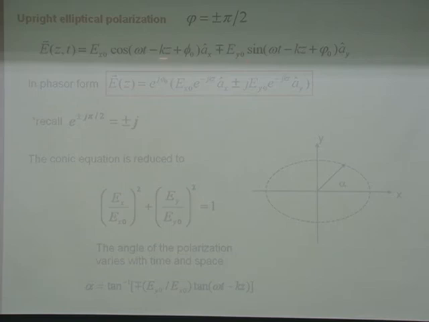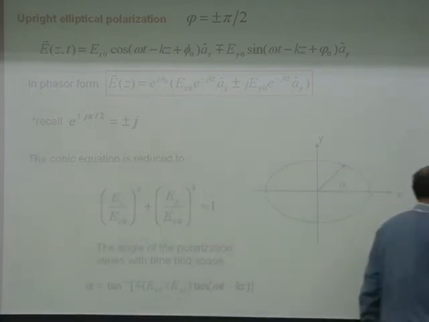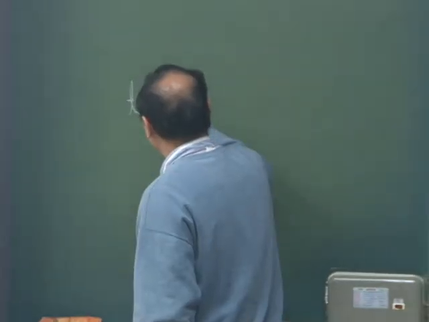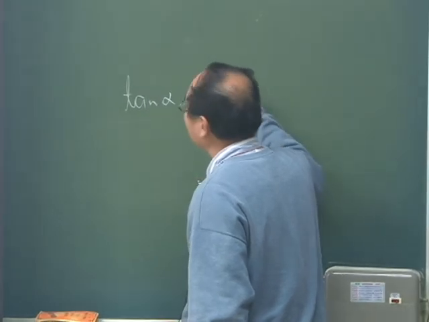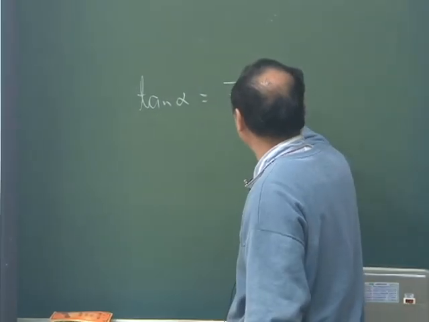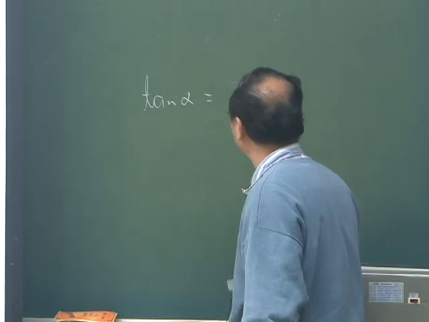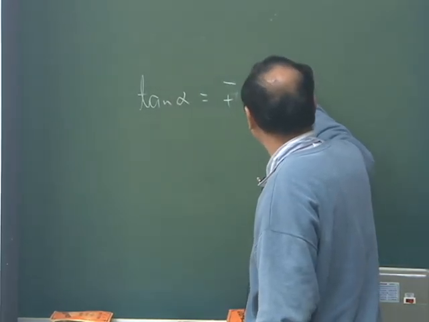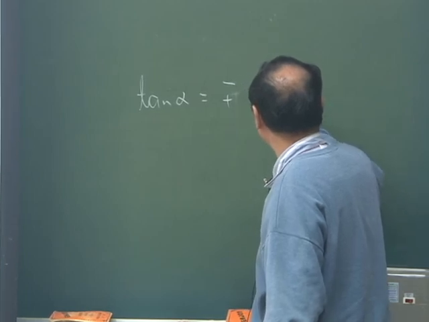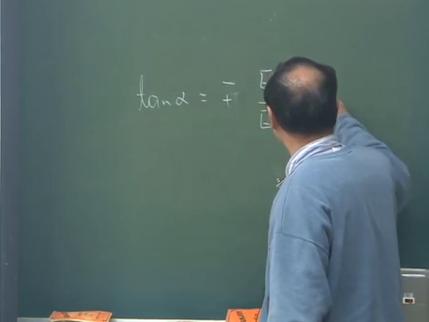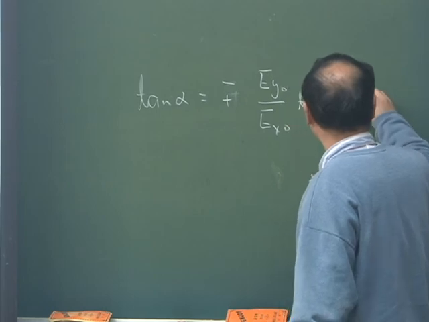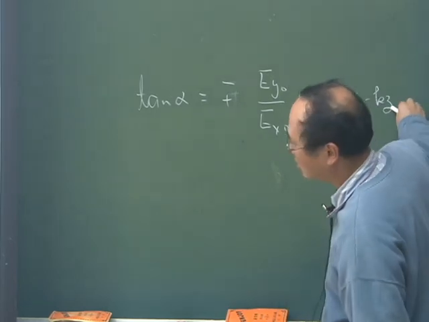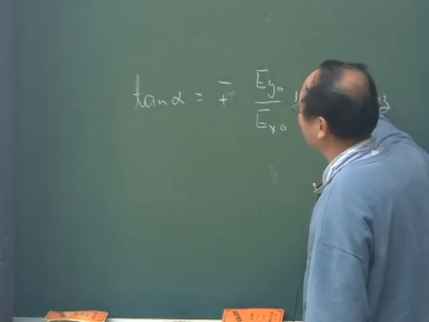Okay, y 除以 x 项之后呢，你就得到这么一个项。所以你得到一个 tangent alpha equal to minus plus EY0 over EX0 tangent omega t minus kz term.